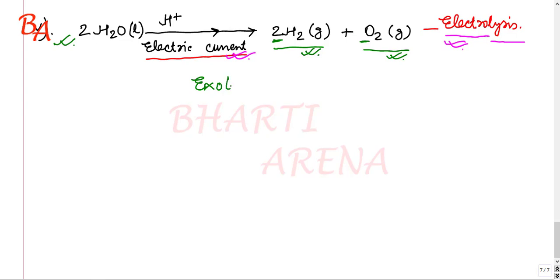Now the next reaction we are going to learn is the exothermic reaction. Those reactions in which heat is evolved at the end of the reaction are called exothermic reactions.